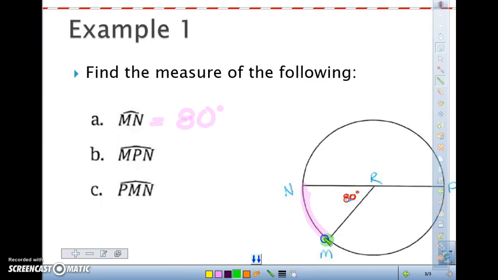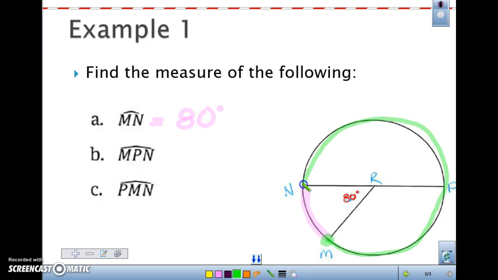MPN. So we start at M, go through P and stop at N. Major or minor? Major. It's definitely more than half the circle. 3 letters. All right. Now this one, well, first of all, how many degrees are in a circle? 360.